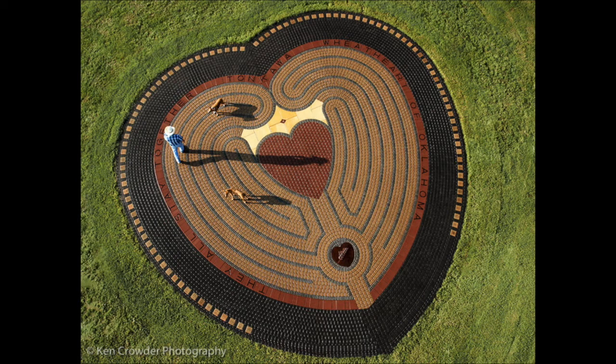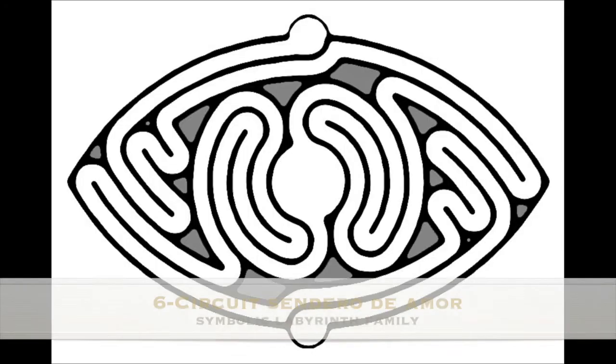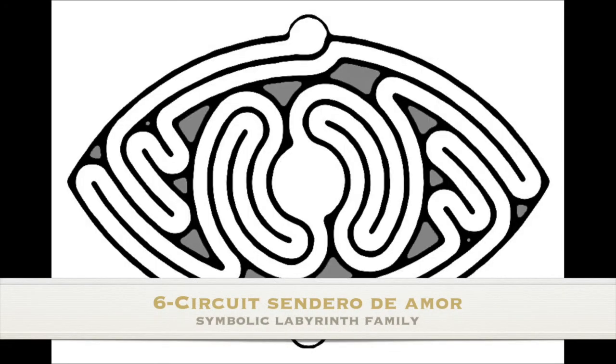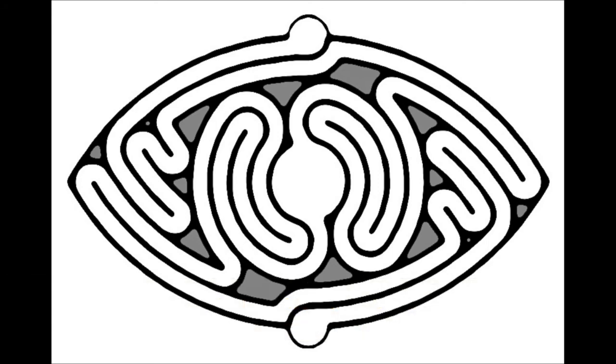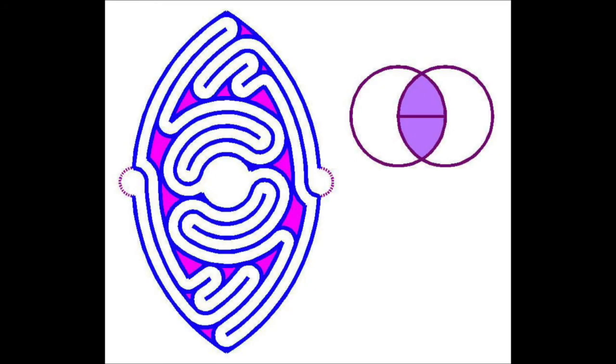So this begins a symbolic family of labyrinths, which are labyrinths that represent or reflect a certain symbol, like the heart or star, or this one representing kind of like an eyeball. This was created by labyrinth designer Ronald Esquivel from Costa Rica, and it's based on the vesica piscis, which is the intersection of two circles, both adjoining their center radius points.